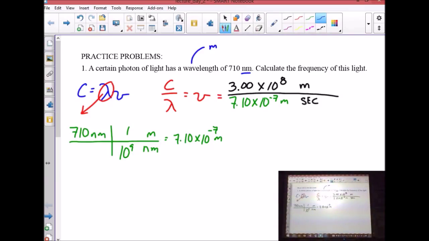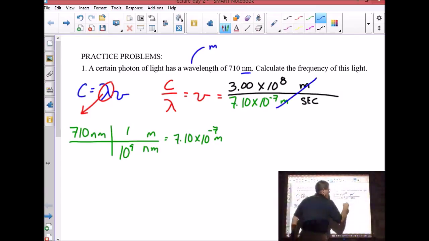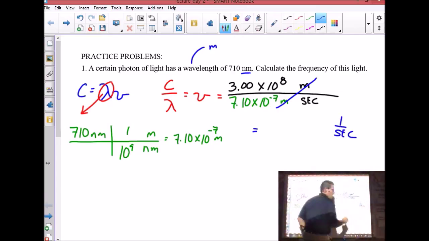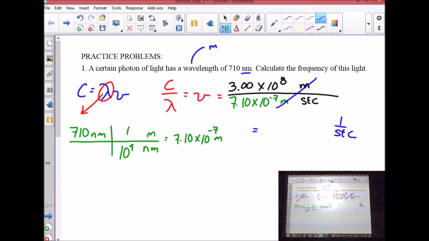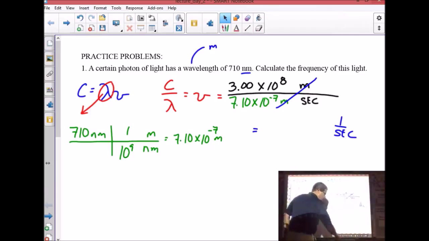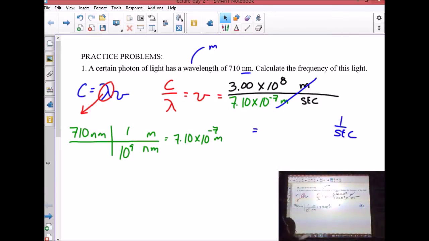What units can cancel out? Meter. Good, so meter goes away. What unit do we have? 1 over seconds. Remember, if you're looking for frequency, just like yesterday, it's 1 over seconds. It might be smart to go ahead and calculate the number and then write seconds underneath, which keeps you from doing something silly.